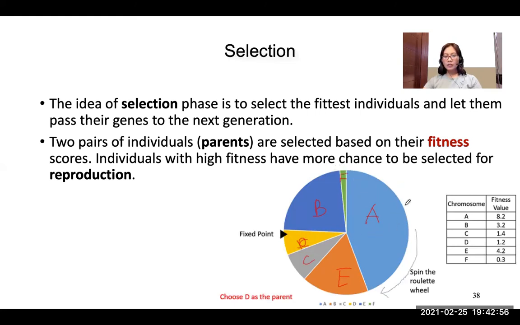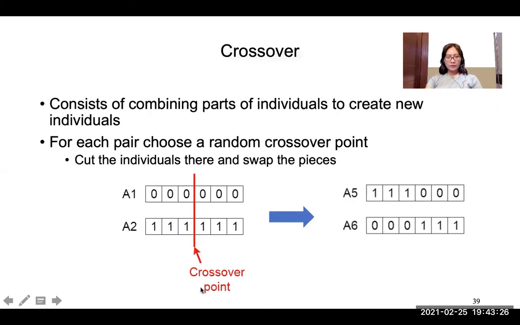So I spin the wheel, and finally at the fixed point, the wheel stops here at D. Why do I only give them this portion? Because this is only 1.4, 1.2. So because my wheel stops here, I choose D as the parent.